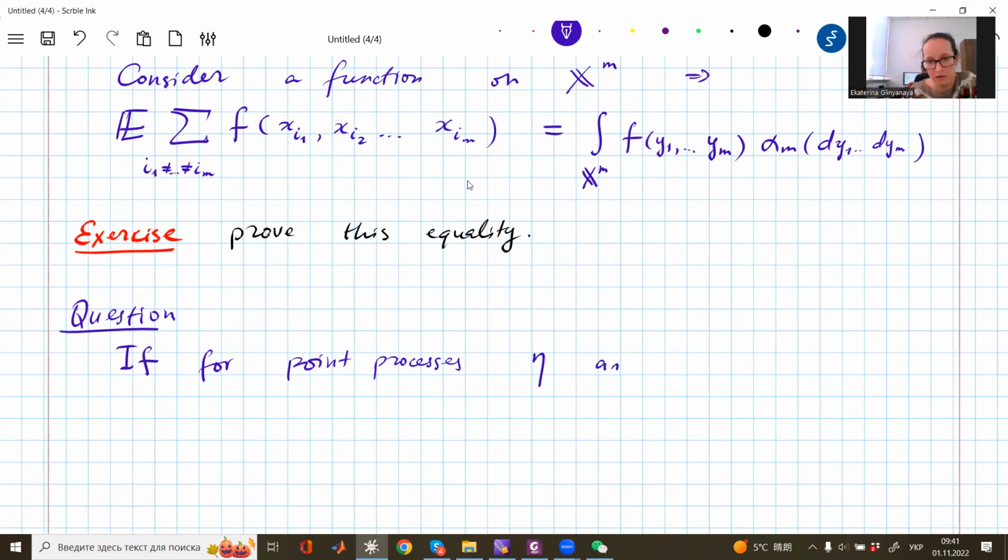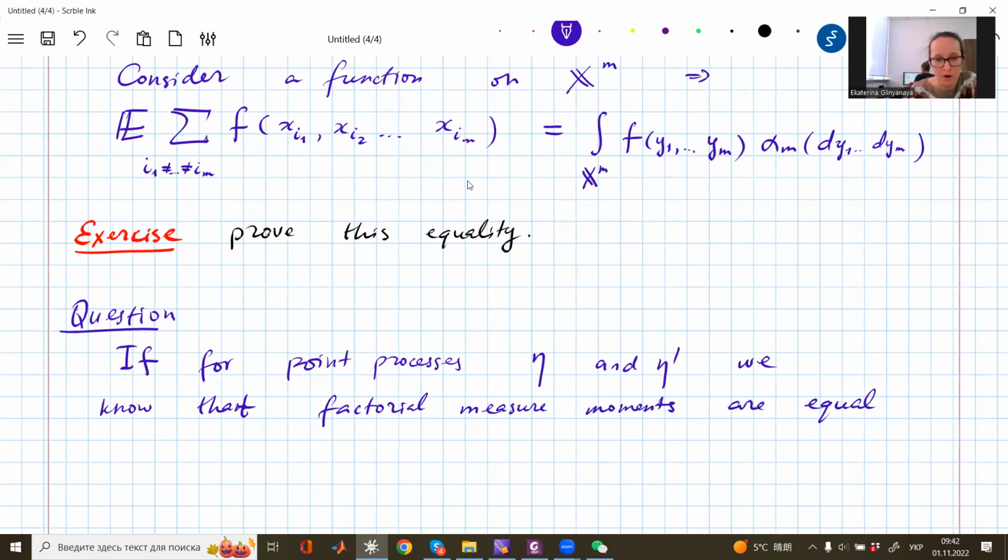and we know that their factorial moments are equal, will we have that these point processes have the same distribution?